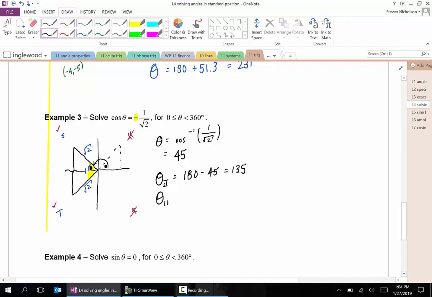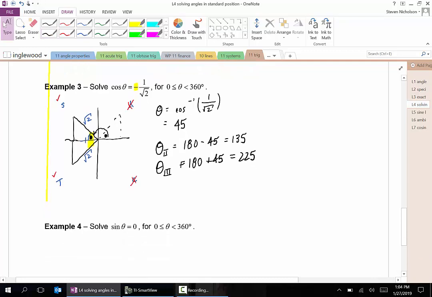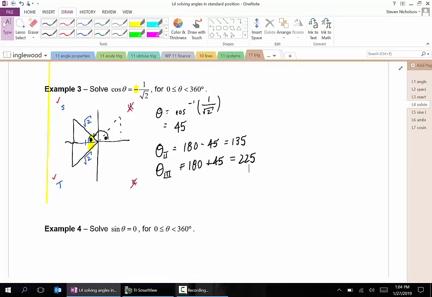And in quadrant 3, the angle is equal to 180 plus 45, which is equal to 225. Now again, I'm disregarding the negative because the negative tells me where in the quadrant it is. I'm just doing like a grade 10 problem by disregarding the negative and by using All Students Take Calculus.